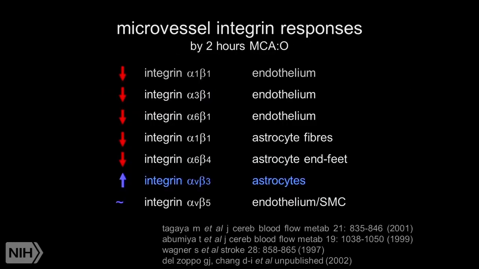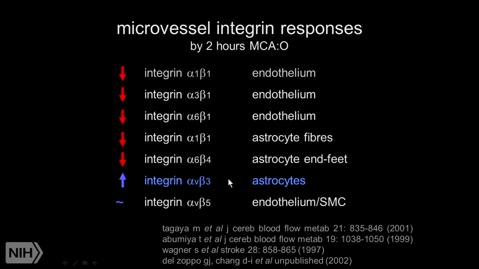In fact, if one looks at all of the beta-1 integrins, except for alpha-5, there's a significant loss in this area. And in the same vessels, or in vessels nearby, there's an increase in integrin alpha-V beta-3, a pro-angiogenic signal, which is important, as we can point out later.